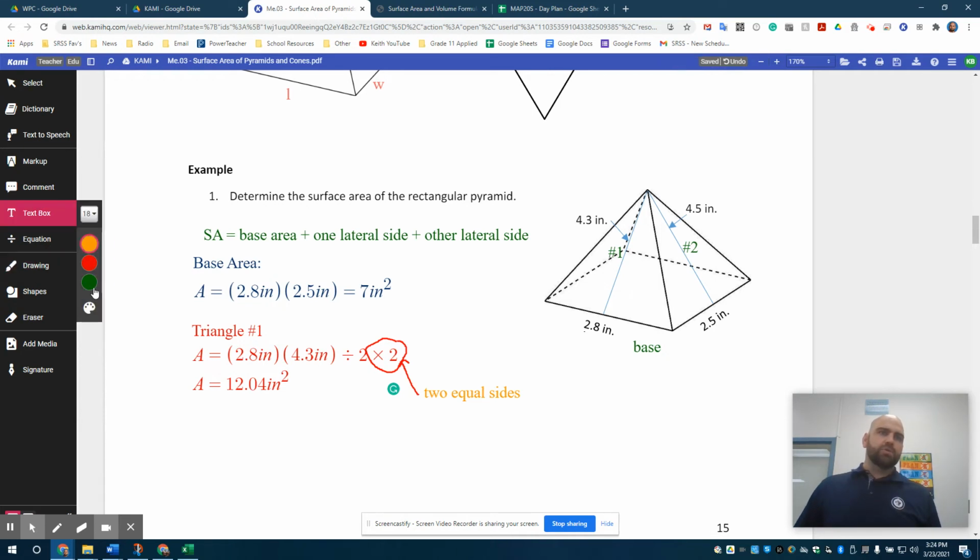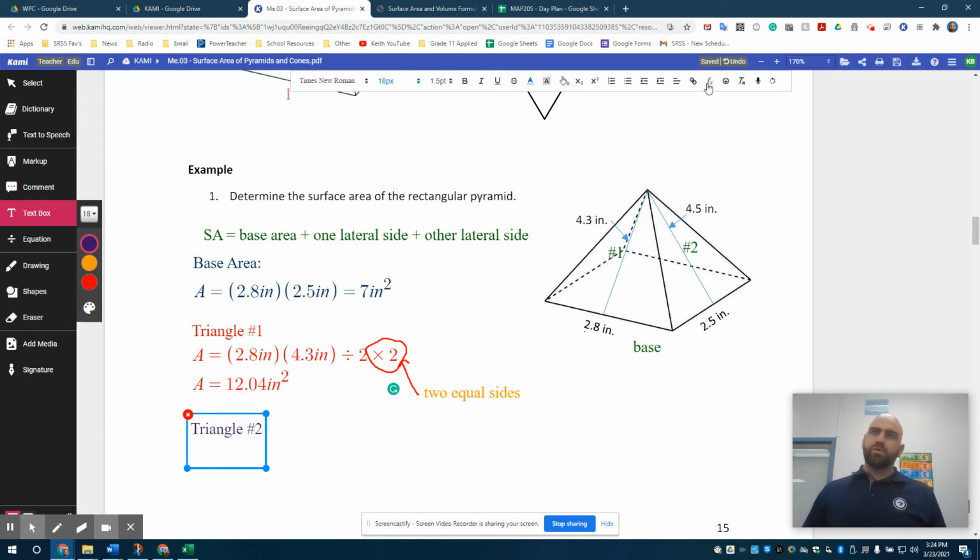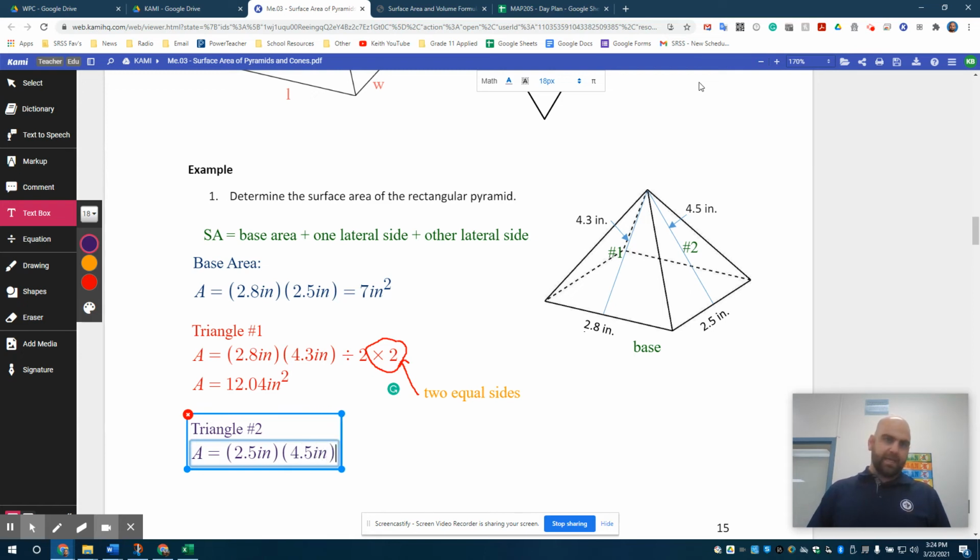All right, triangle number 2. Again, we have 2 of them, so we're going to do the same thing, but now we have a 2.5 inch side and a 4.5 inch slant height.